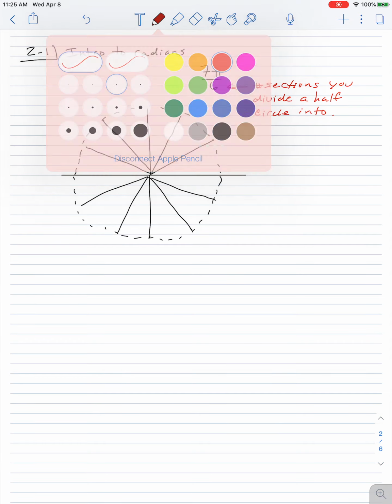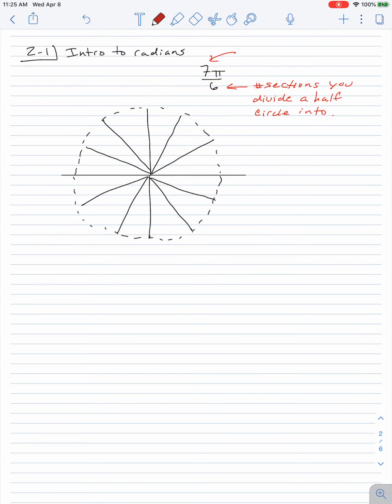The top number in the fraction is the number of sections you count over, counting from the start. Remember that this is our start, always at 0. It works just like degrees with positive and negative.